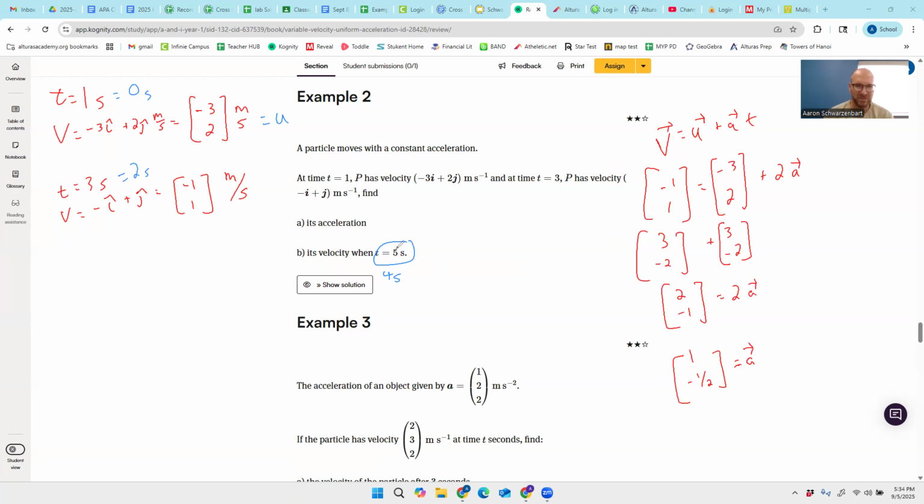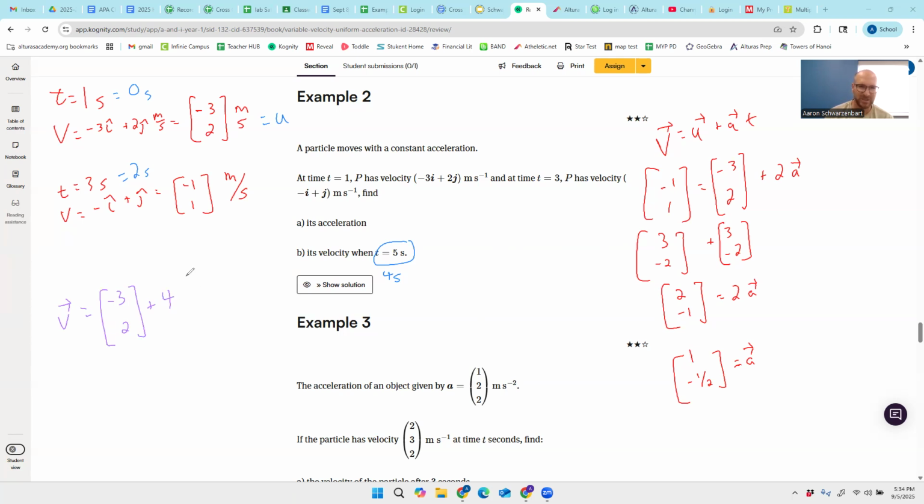So now if I want it at 5 seconds, now that I know a, I'll do this in purple over here. V equals negative 3, 2 plus, that was actually 4 seconds after my time at 1 second.